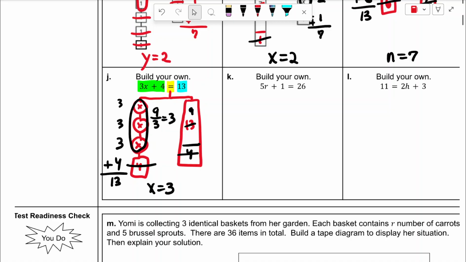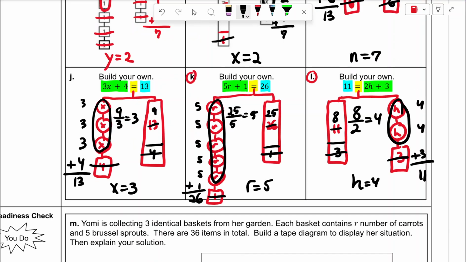All right, now I'm going to have you pause the video. You're going to do K and L. Both of them. Pause the video now. Okay, here are both the answers for K and L. Look them over real carefully. Erase your work if it's not right. Ask some questions and make sure that you got the hangers down.